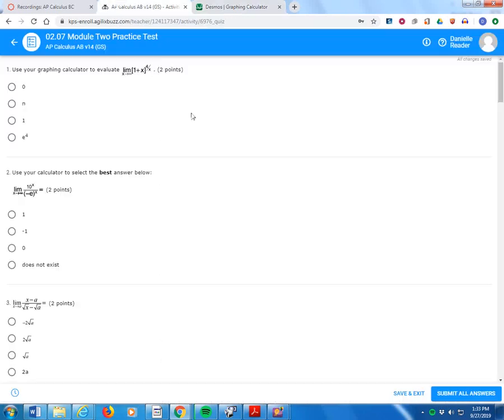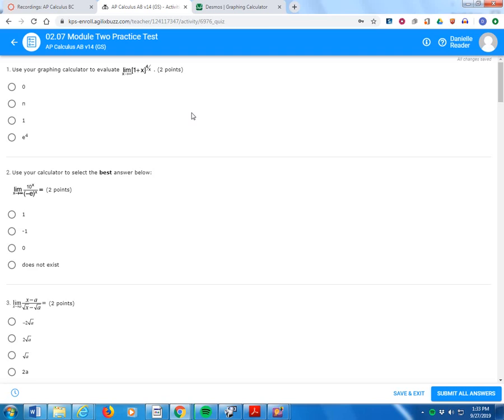But looking at this problem, it might be easier to think about it by actually subbing infinity in for the x's. If I look at the exponent, 4 divided by infinity, well, as the denominator gets bigger and bigger, the number is going to get smaller and smaller, and eventually it's going to be approaching 0.